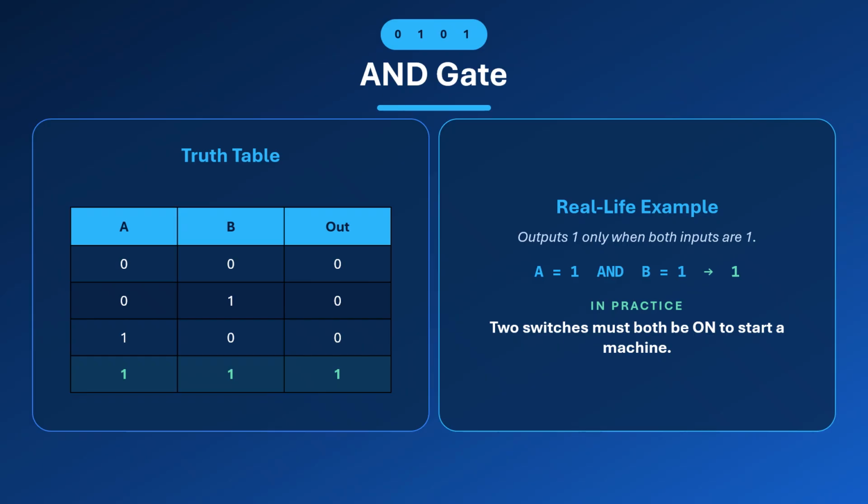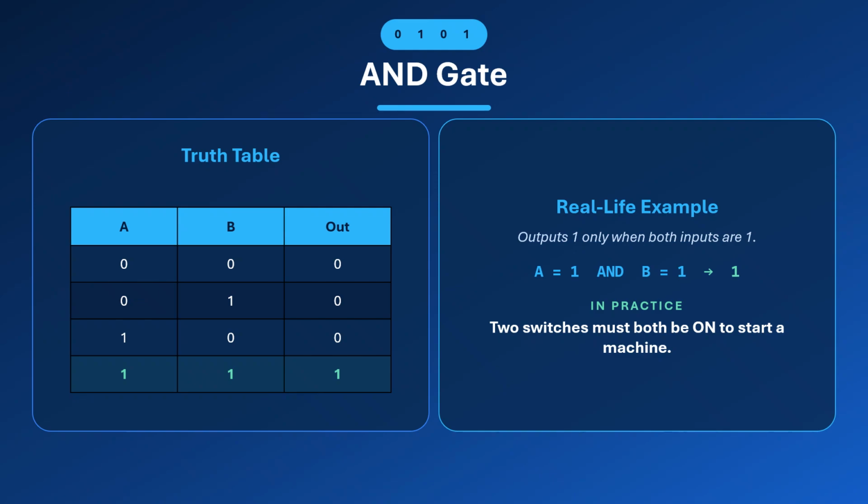So 0 and 0 is 0. That means if both the conditions are false, 0 means false, then output is false.